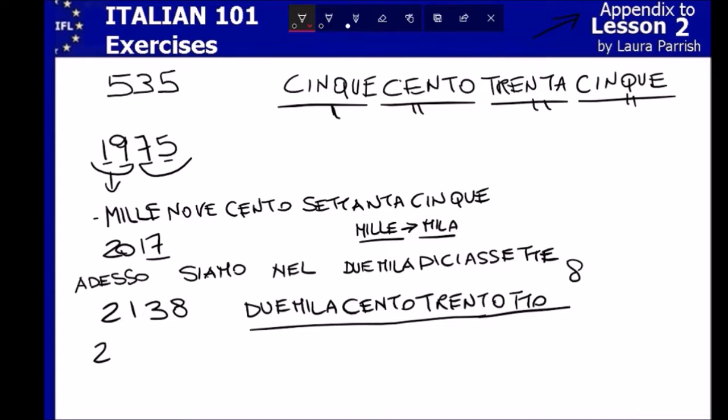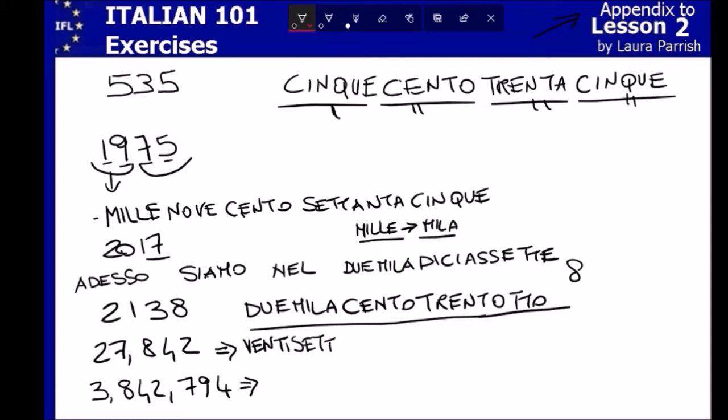Let's do a couple more. Let's do 27,842, and let's do 3,842,794. Let's say those two numbers in Italian, and we close with the lesson. Okay, this is 20, venti. Then the number 7, 27, then it is 1000, but the plural is mila, 27,000.